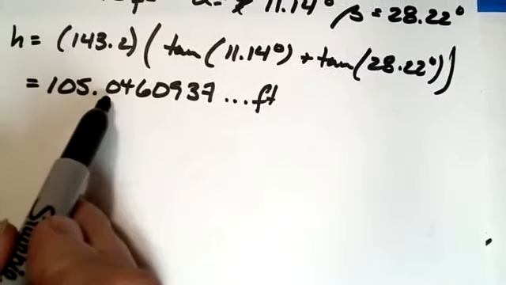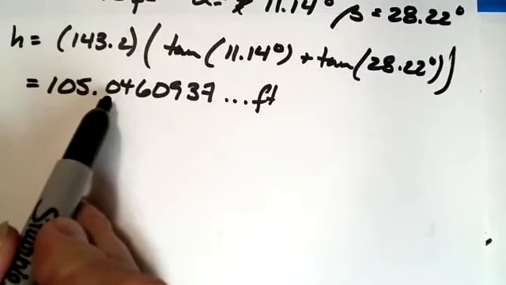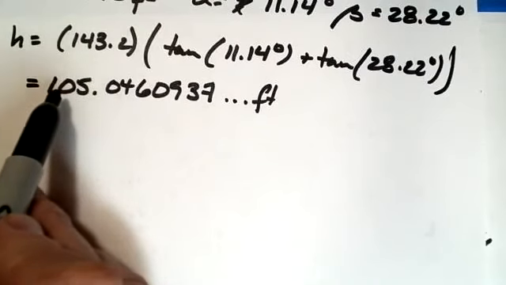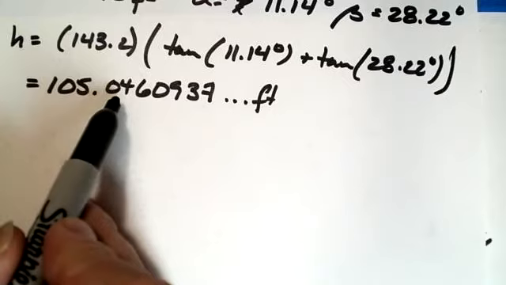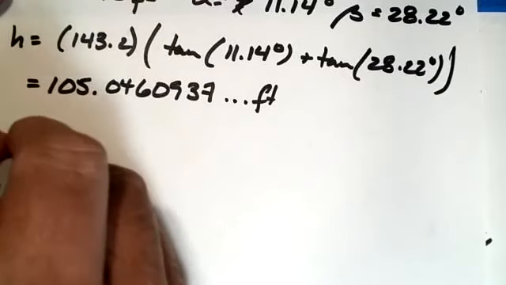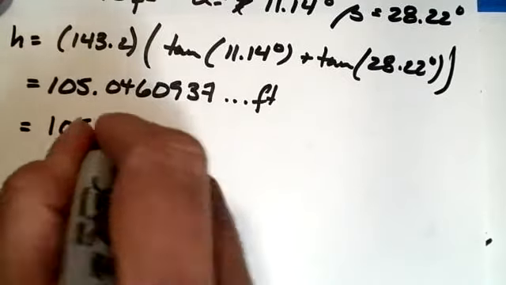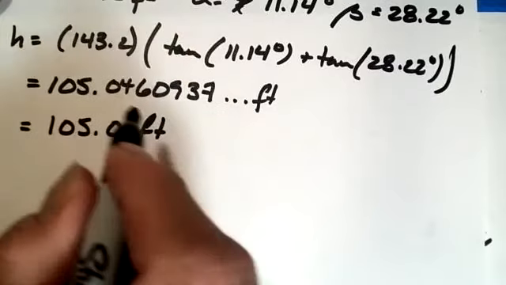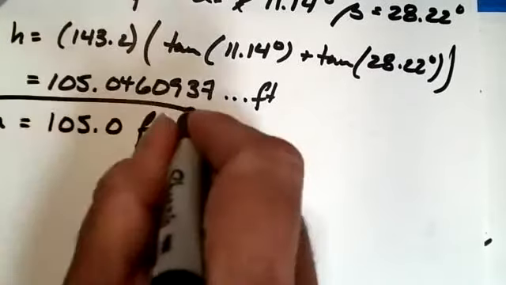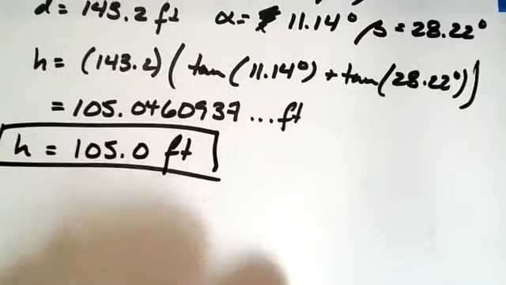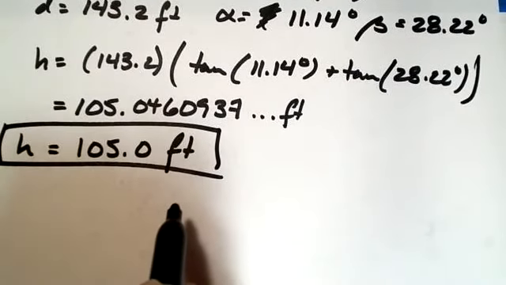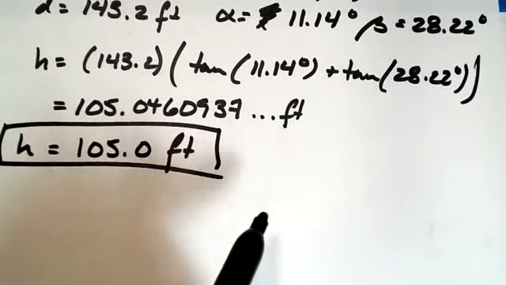But we have to round it at the 4th digit of significance, 1, 2, 3, 4, and fortunately or unfortunately, we're going to get 105.0 feet as the final result, based on the rules for digits of significance.